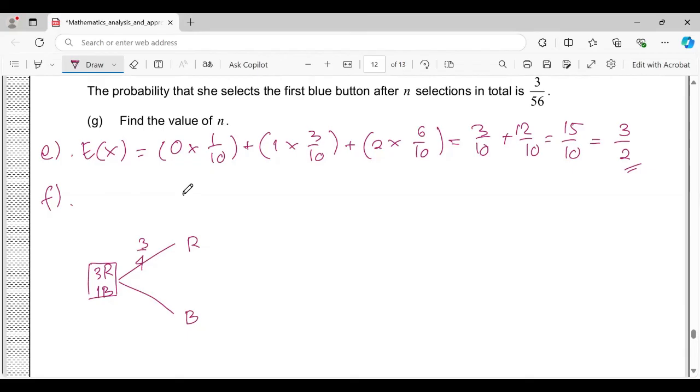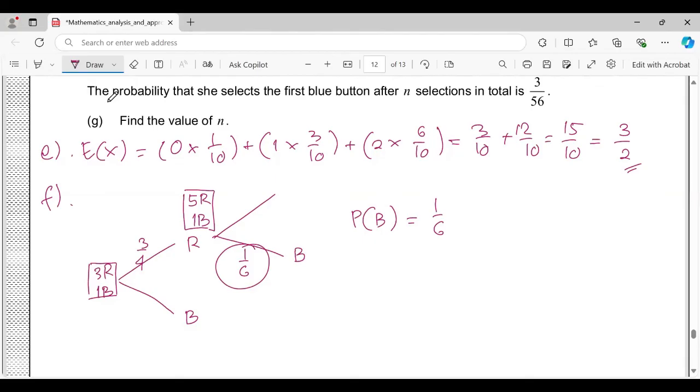And if she selects red, the condition becomes 5 red and 1 blue. And the next, the probability to select blue is 1 over 6. So the probability of blue is 1 over 6.